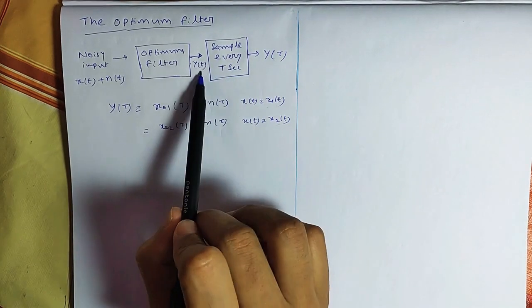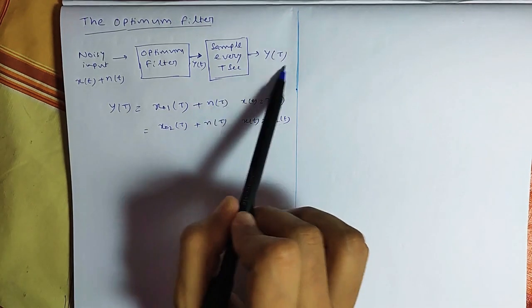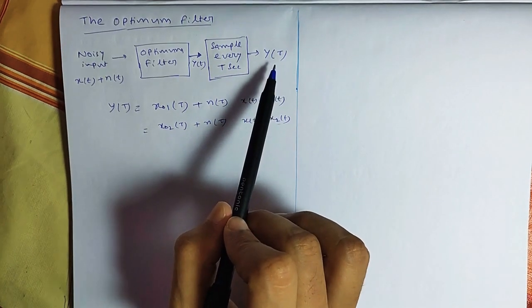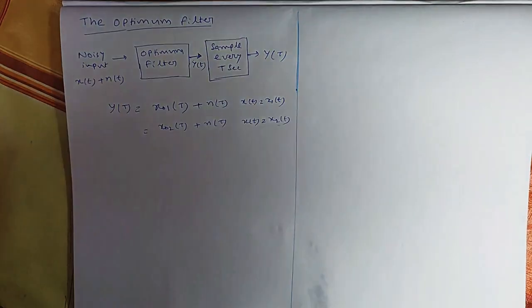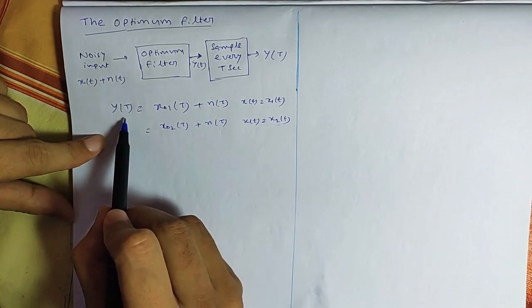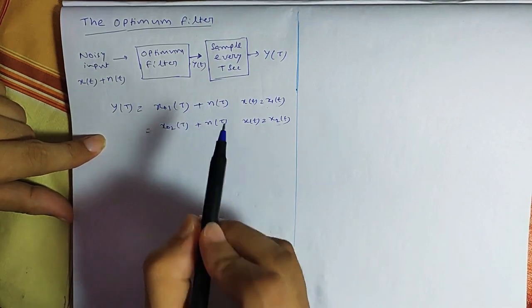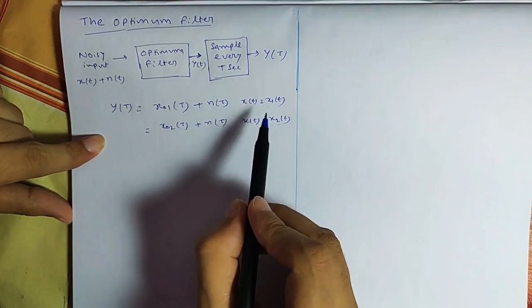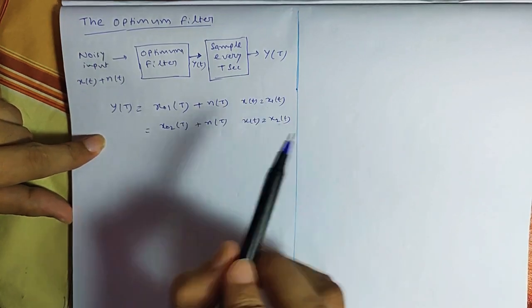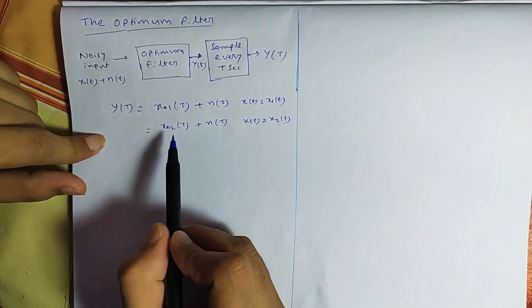So small t here will be capital T, because the output now depends on the sampling instants T, 2T, 3T. So the output can be expressed as y(T) equals x01(T) plus n(T) if the input is x1(t). For x2(t) input, the output will be x02(T) plus n(T).